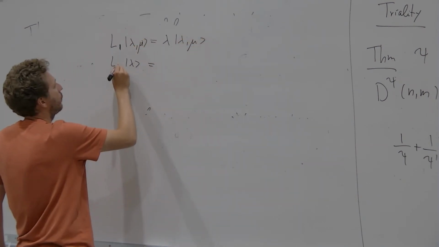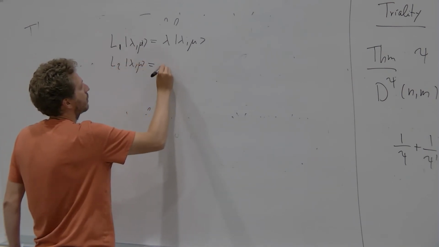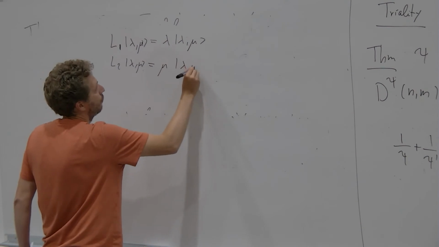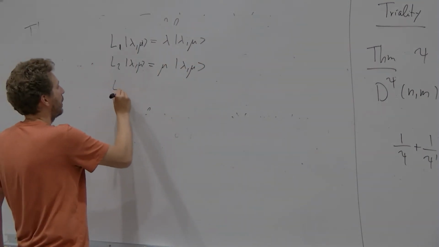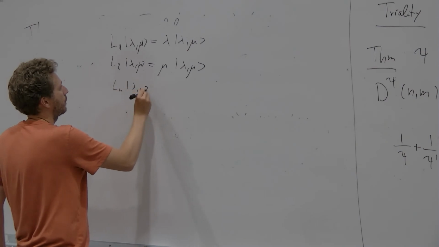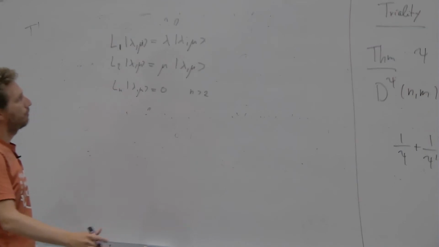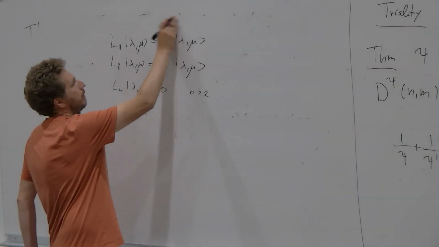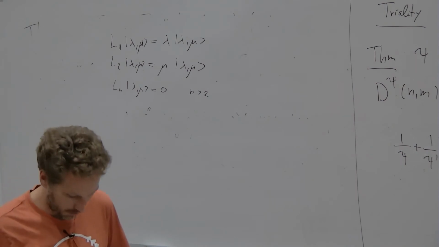The one mode acts by multiplication with lambda. The two mode acts by multiplication with mu, for your favorite scalars lambda and mu, and all higher modes annihilate it. And now you can generalize, right? For these other W algebras, you have certain conditions.